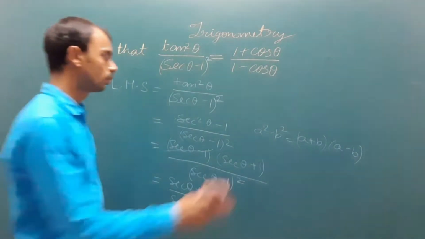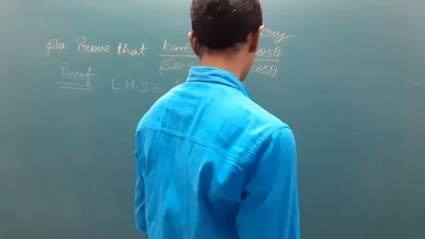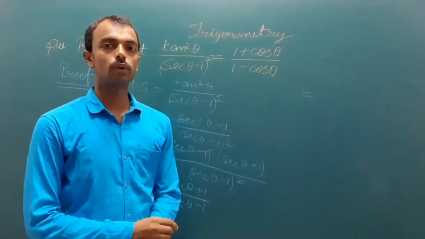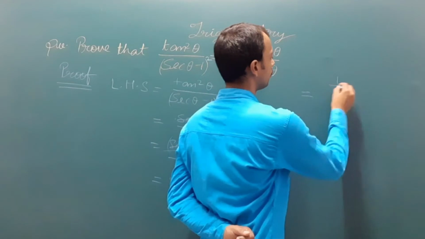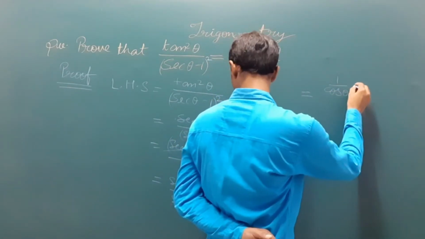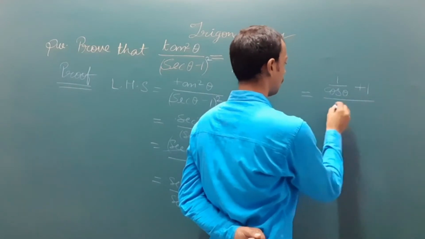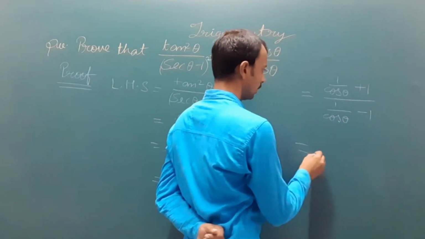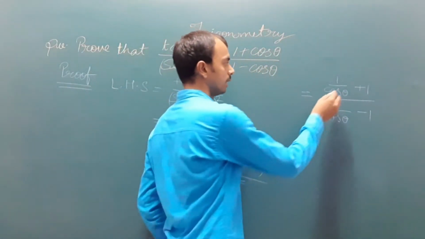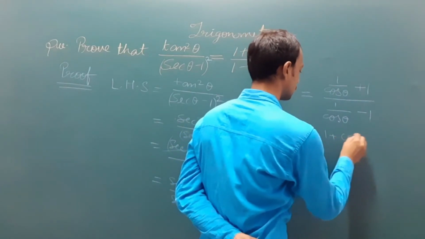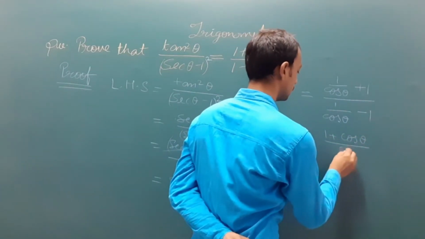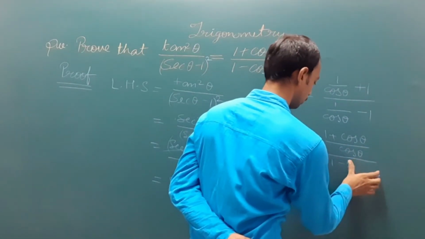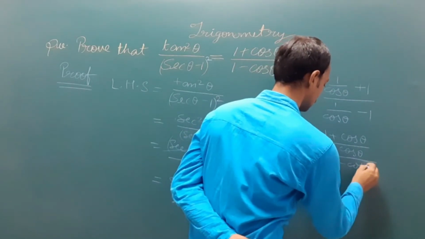So what we can do further, at the place of sec theta, we can write 1 upon cos theta, isn't it? So 1 upon cos theta plus 1 upon 1 upon cos theta minus 1. Now when you solve it, you will get (1 plus cos theta) upon cos theta upon (1 minus cos theta) upon cos theta.